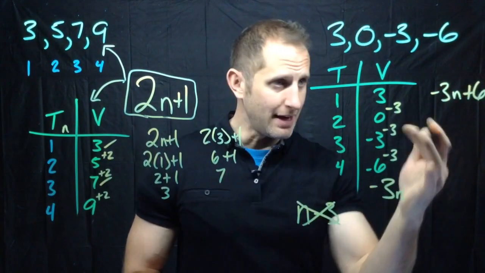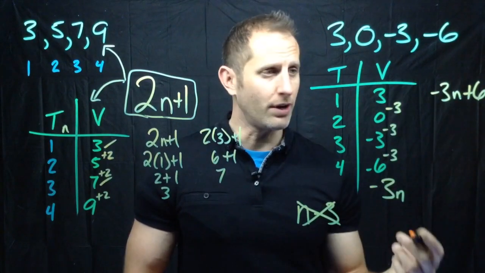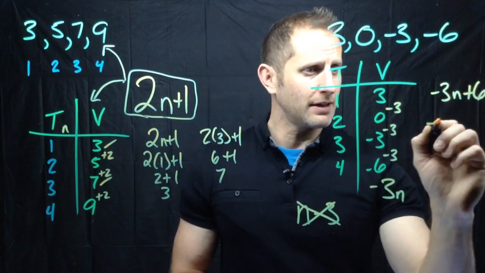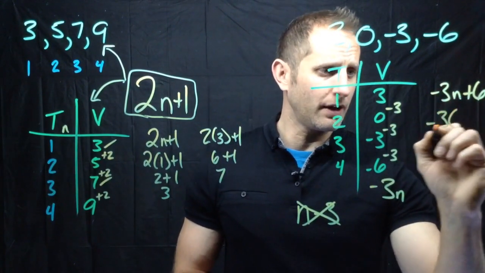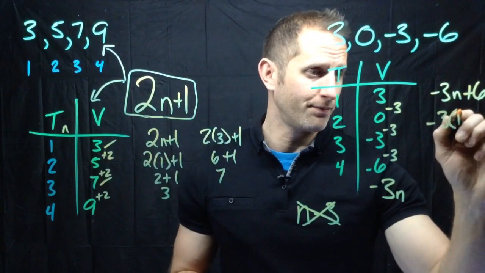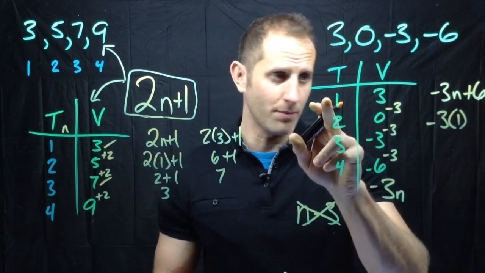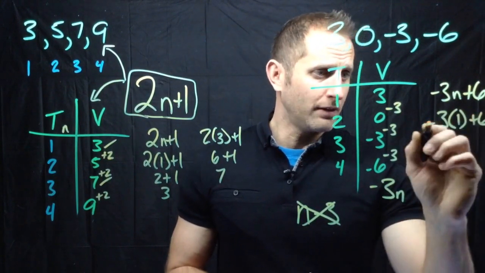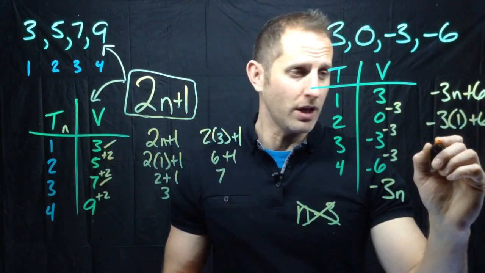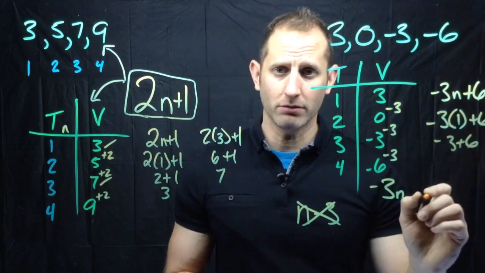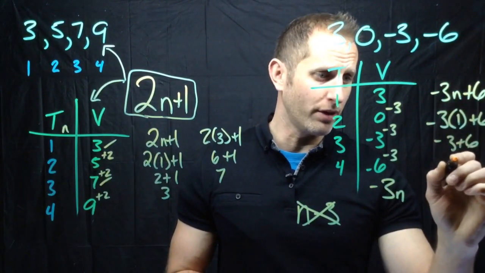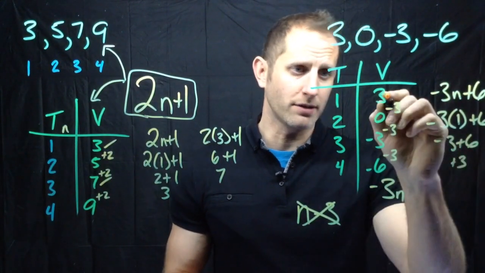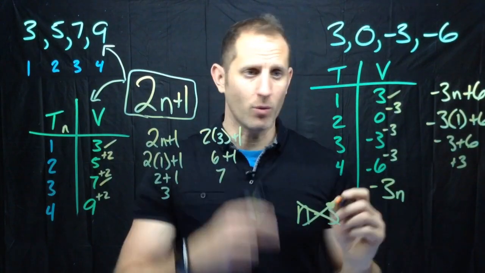And now that I have this, I can double check and make sure that it works. So if I was to take this and plug in, let's say, the first term, the 1, because 1 from here gets plugged into n, plus 6. -3 times 1 is -3, and I'm going to add 6 to it. If I add 6 to it, I end up with +3. +3 is what I needed. Let's try one more.